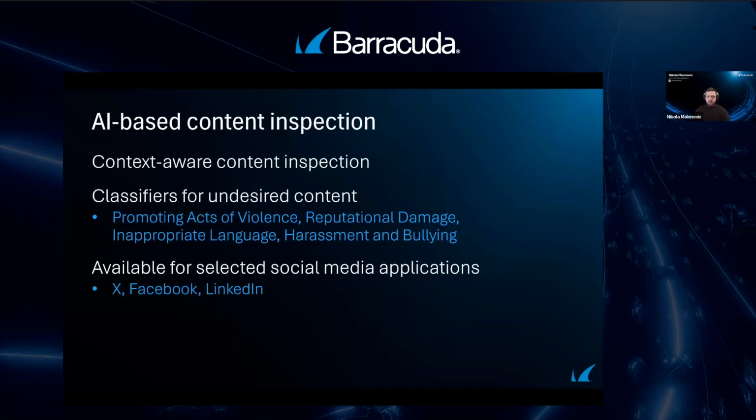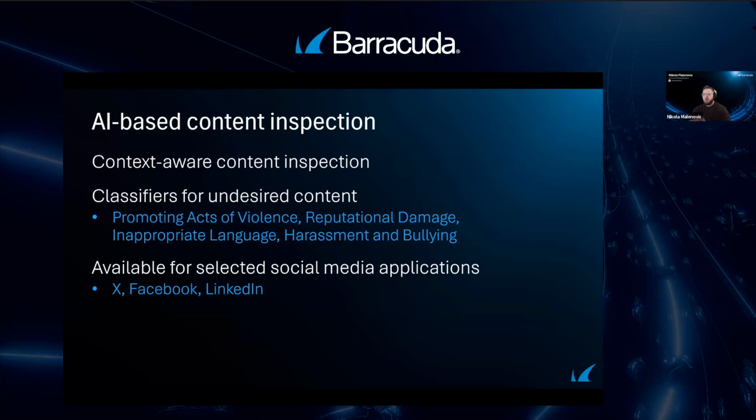So I have mentioned it now quite a few times, this AI-based content inspection functionality. So what does it do? It is a context-aware content inspection. It basically monitors social media posts of your employees, and then it can report when it recognizes undesired content. And you may ask what's considered undesired content, and that's what you define when configuring classifiers.